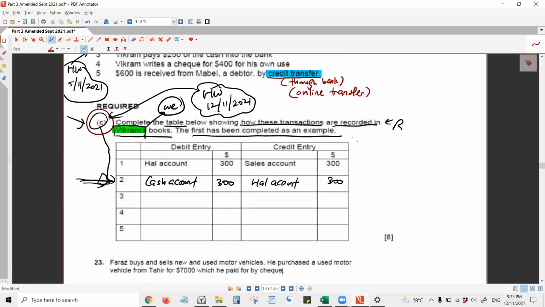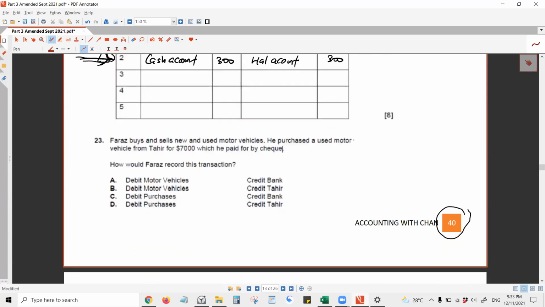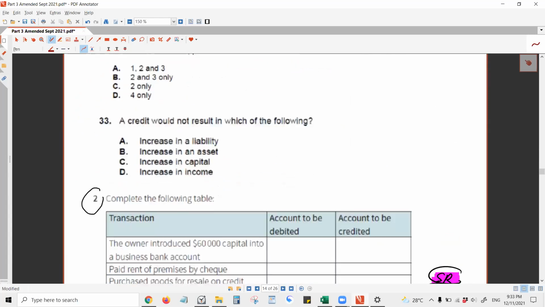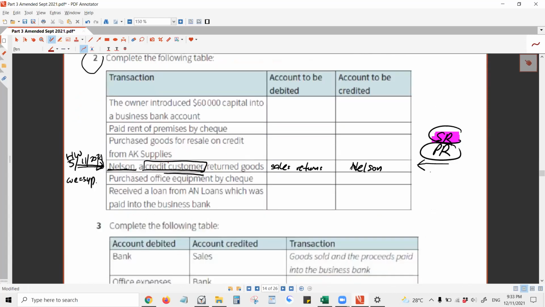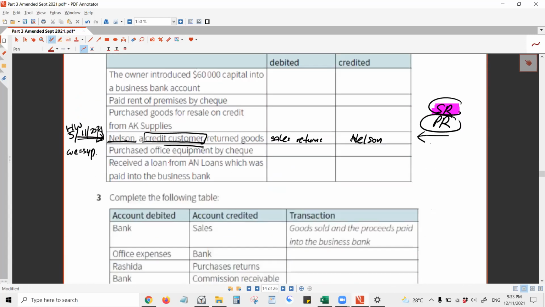And then on the same page, question 23. Those I mark with the red star, these three, homework.